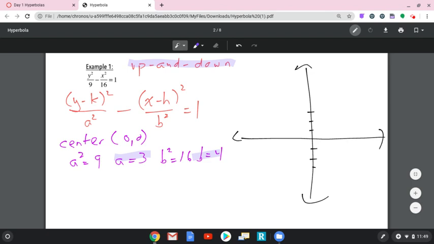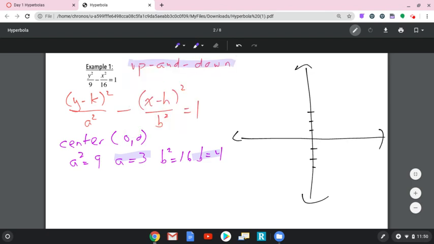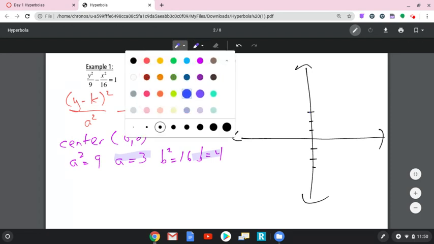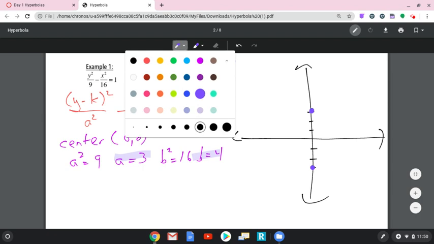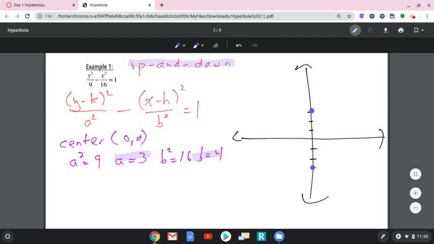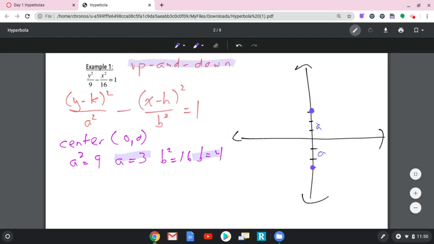That's A. I'm going to put a point there in a different color, and make it thicker so we can see it. 3 up and 3 down. So that's A. Now I identified both of these: this is A and A. You know what direction to go based on whether it's an up and down or a side to side. If it's up or down, A goes up and down. If it's side to side, A would go left and right. So that's A.